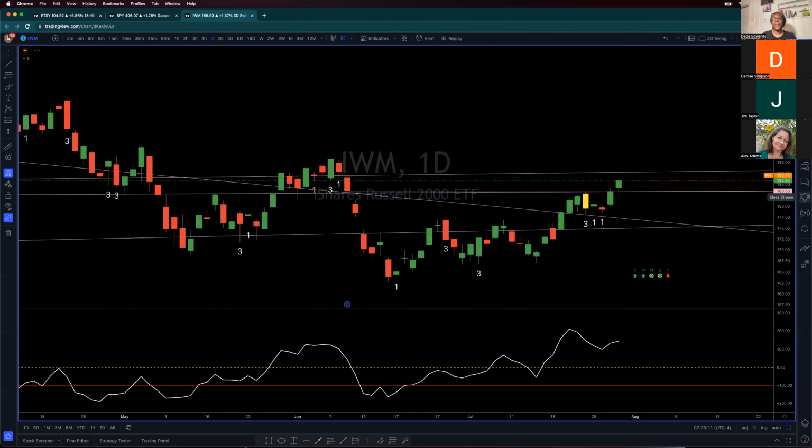IWM. Now, I didn't have all the lines drawn here, but we said price had to close this gap here. Again, it actually opened above this range, traded down. I didn't have my lines drawn here. There's a 2 up here. It got pretty close there. Let's see.